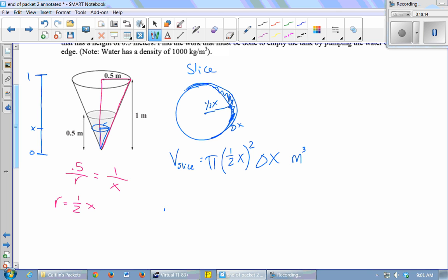So the mass of my slice is the volume in cubic meters times the density in kilograms per cubic meter, which will give me kilograms. So I just have to take this volume calculation that I did before and multiply by 1,000 kilograms per cubic meter.